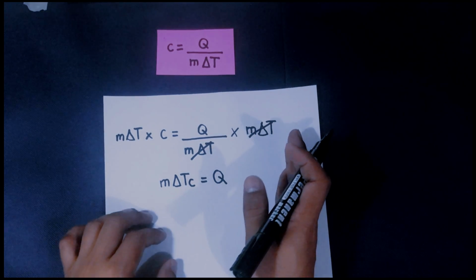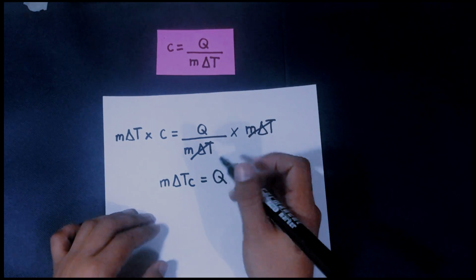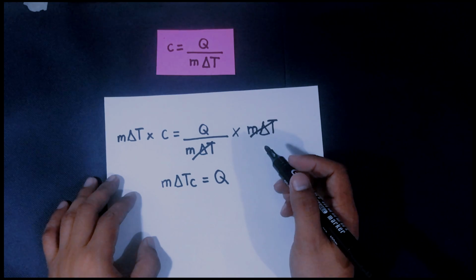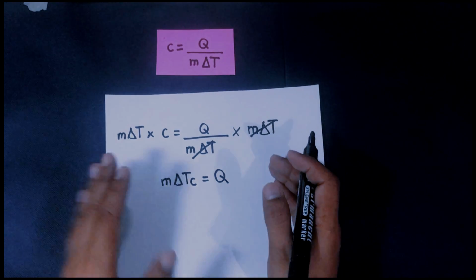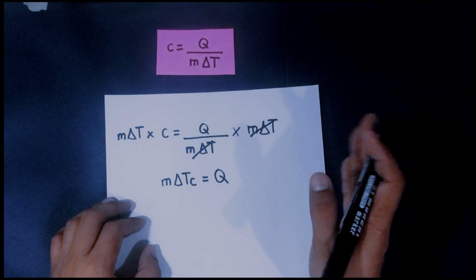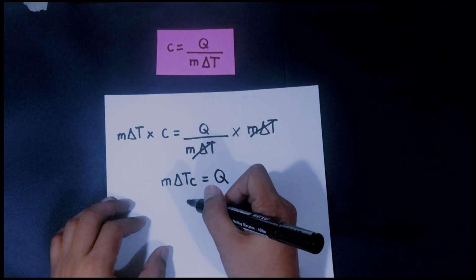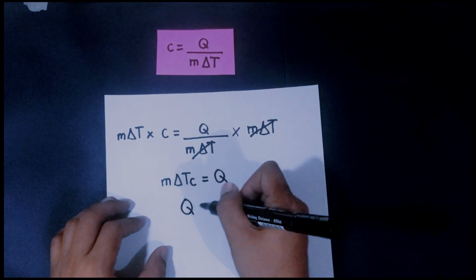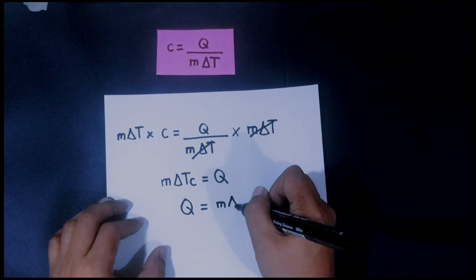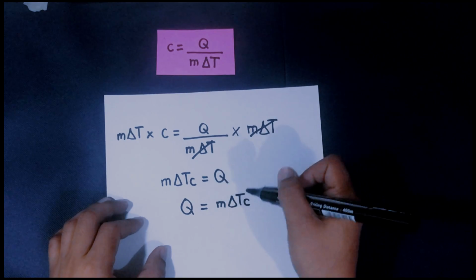So we can interchange them, because most of us are used to having only one variable on the left side and the other variables on the right side. So we will be having Q is equal to M delta T C.